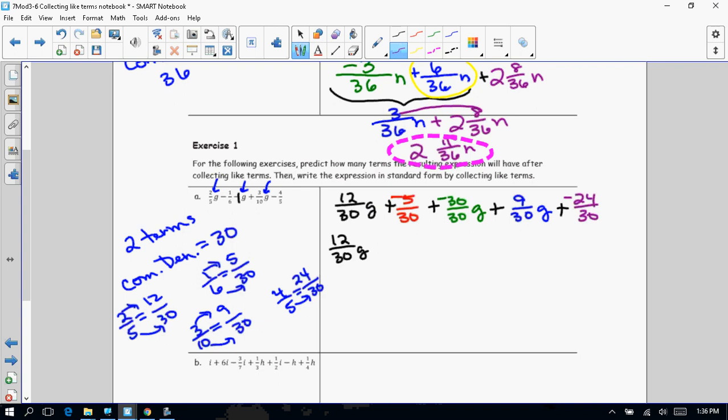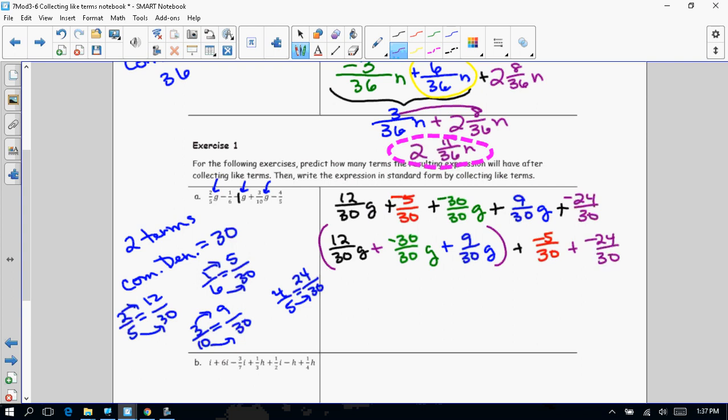All right, I'm going to add negative 30 over 30 G, and then we're going to add 9/30 G. All of the G's are together, right? And then we're going to add negative 5/30 plus negative 24/30.